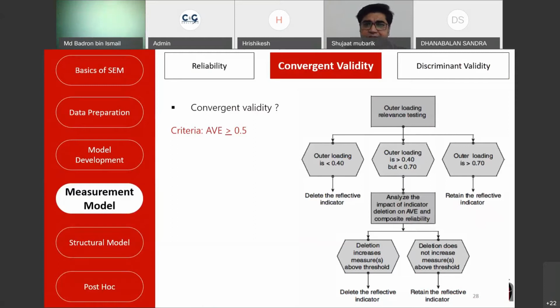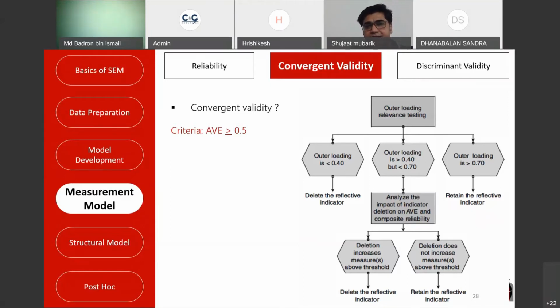In fact, AVE is the sum of the squares of the factor loadings of a construct divided by the number of items. So if our factor loading is less than 0.70, maybe 0.5 or 0.6, but the AVE of the construct is greater than 0.5, then we retain that particular item.